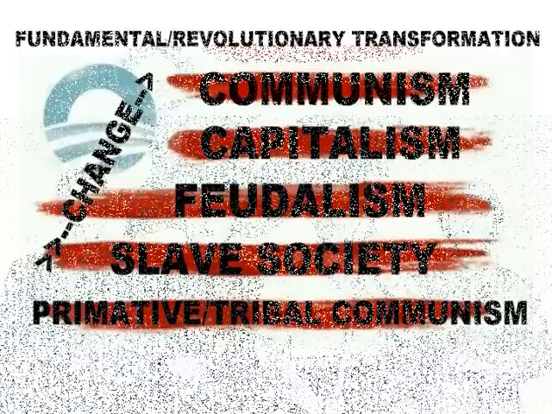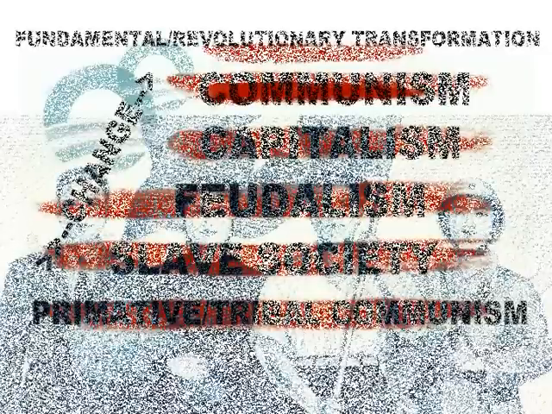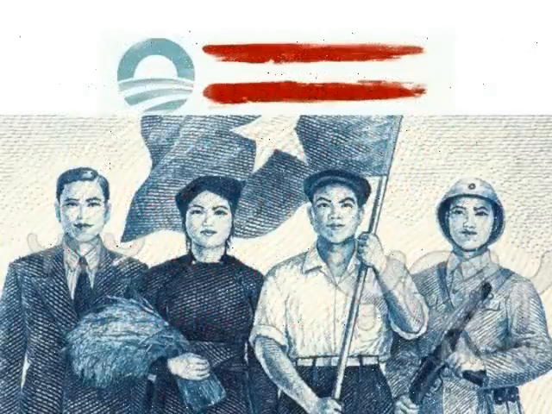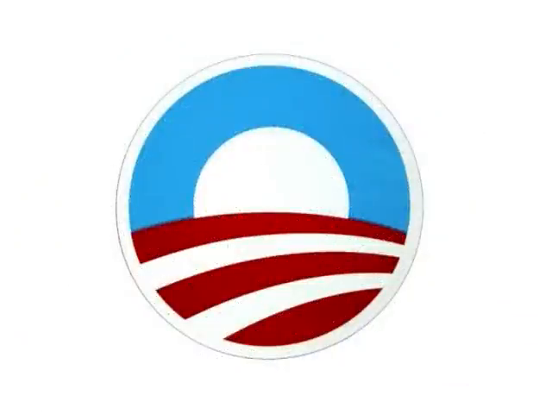He has already stated that this is his wish. He wished things were not so hard to do in Washington, and that he will govern by use of executive order, usurping the Constitution entirely, so that he can govern at his whim, and so that we can undergo this fundamental transformation from capitalism to communism.